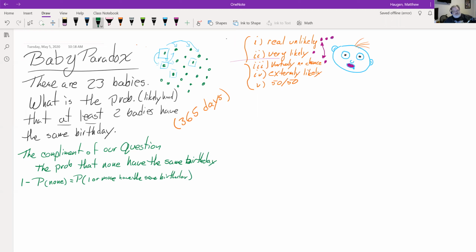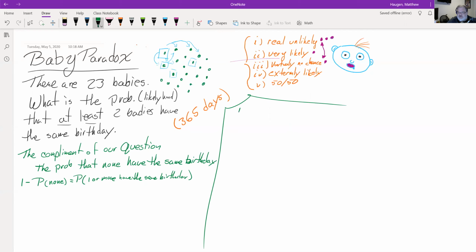So instead of having to figure out the probability that these two match up, that those two match up, that those two match up, if we find the probability that none of them match up, everything else has to be some matching. And as long as we have some matching, this situation is satisfied. Does that seem reasonable? Okay. So let's do that. That's the plan.